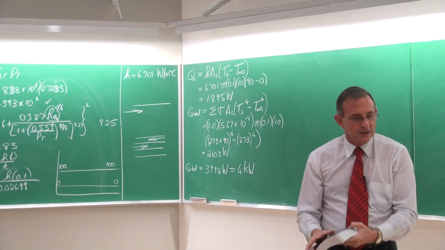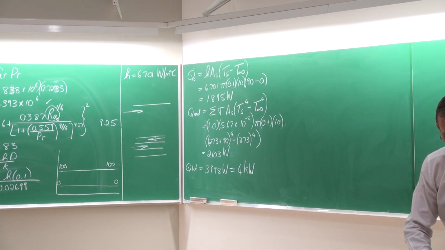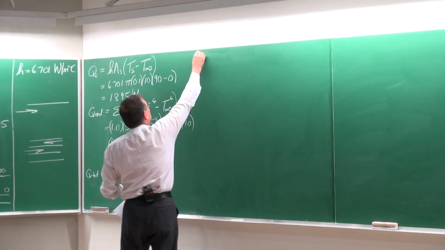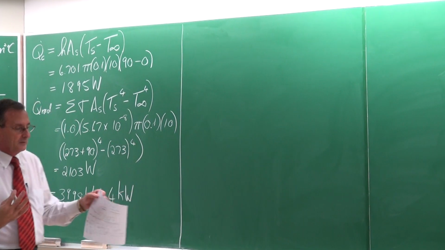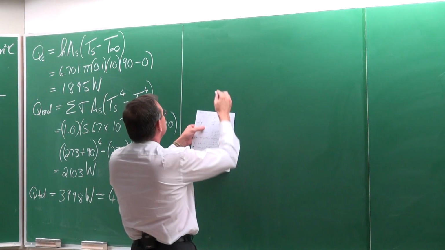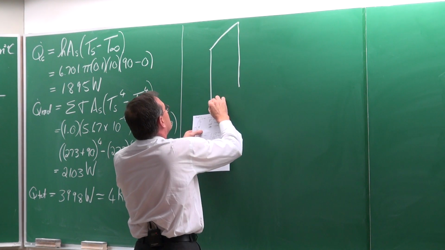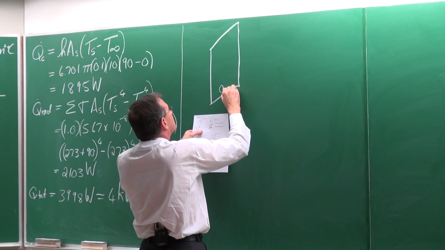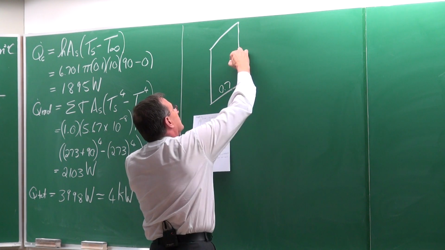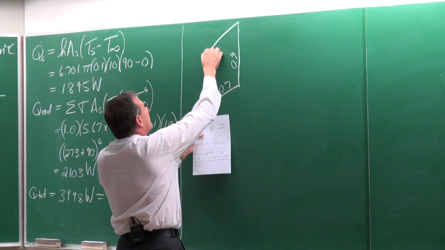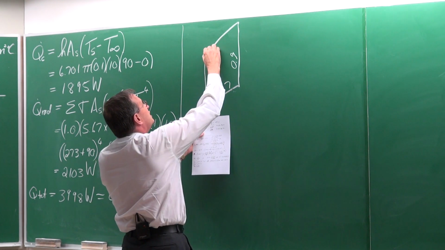Okay, so let's see. This example is based on example 9.2 in your textbook, but it is different. In this example, we look at this plate, which is 0.7 meters in that direction and 0.9 in that direction. And on this side, it is insulated.